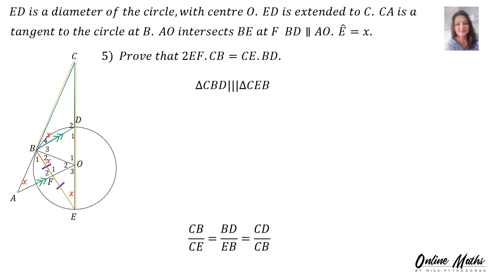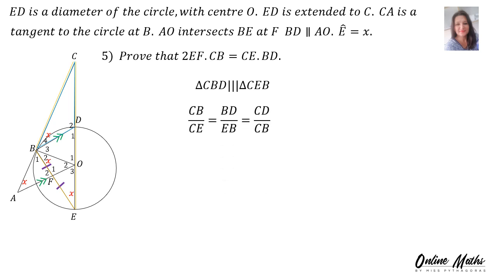So because they are similar, we can write down the ratio as CB over CE is equal to BD over EB is equal to CD over CB. And remember, when you want to write down the ratios, you also have to write there as a reason that your two triangles are similar.